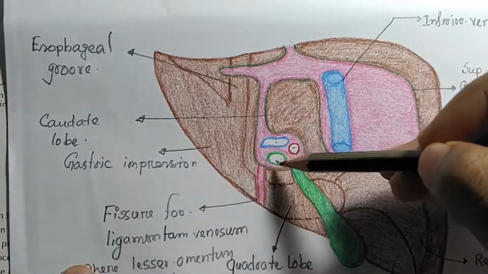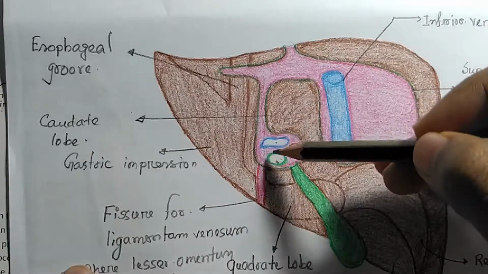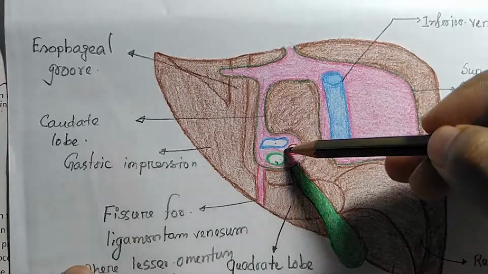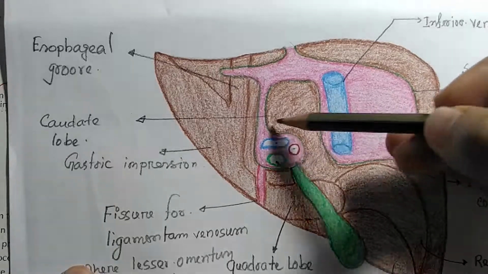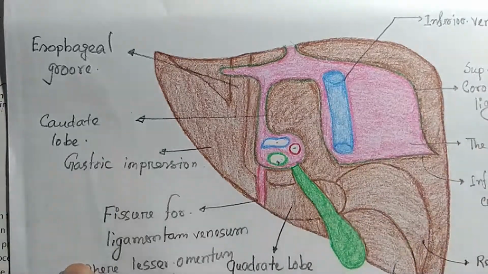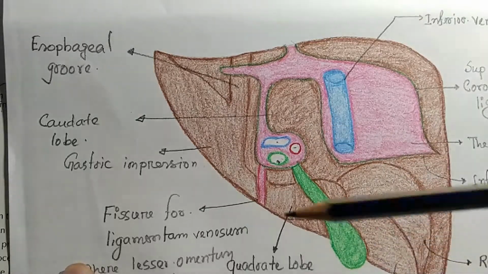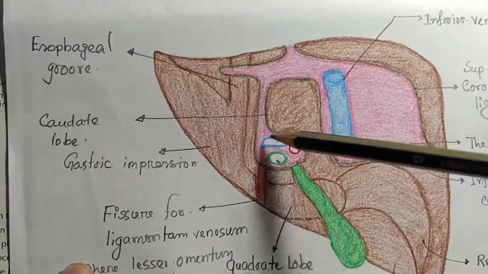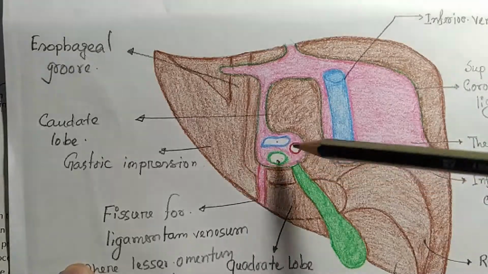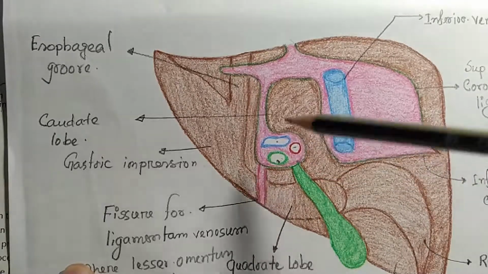So this is the main entry and exit of the liver. Everything that goes to the liver and comes out of the liver passes through the portal triad. So it is the entry and exit point of the liver.